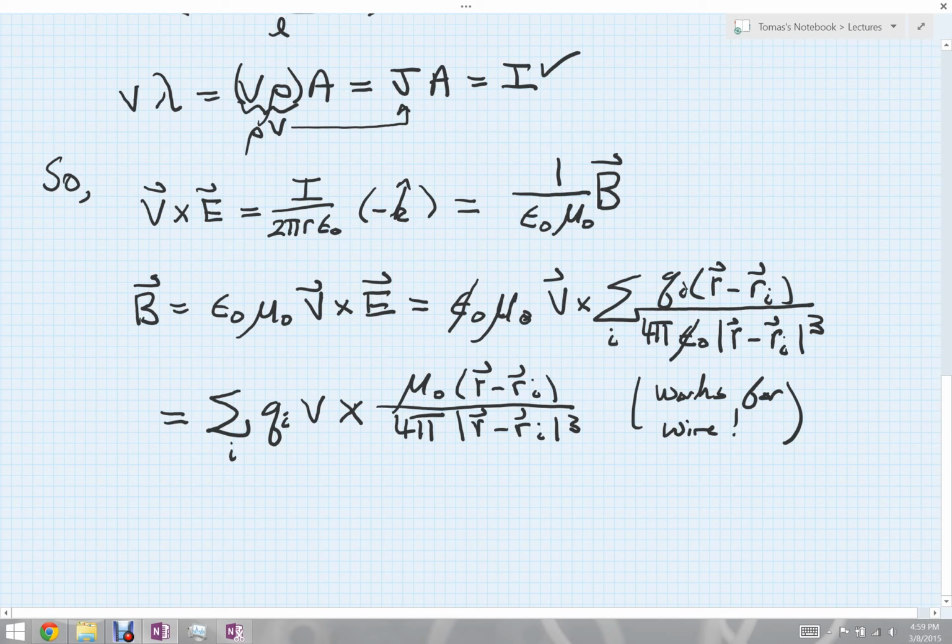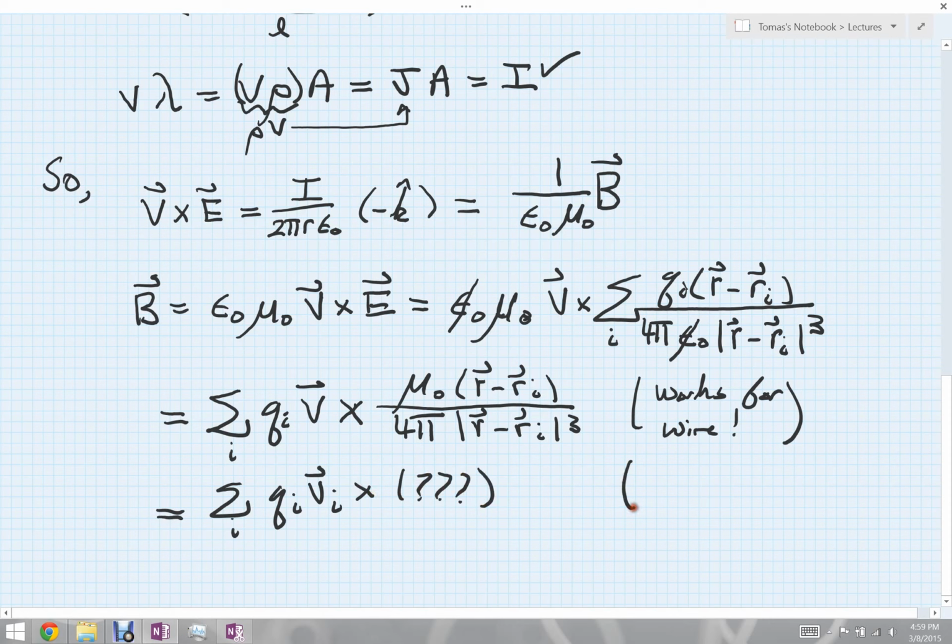Now, here's the logic. Compare this to what we expected in general. The general form we expect is sum on i, Qi, Vi. Oh, this was a velocity vector, of course, when I carried it down. Vi crossed or multiplied by something.